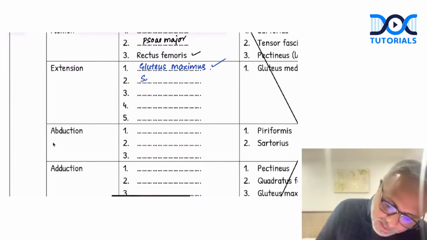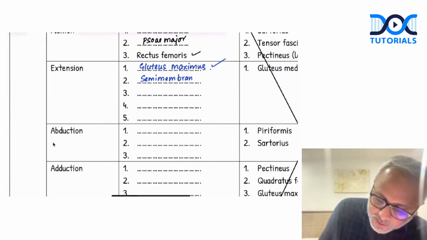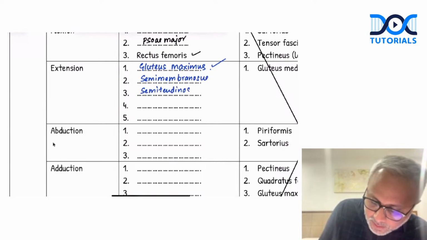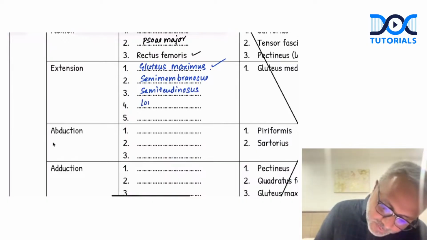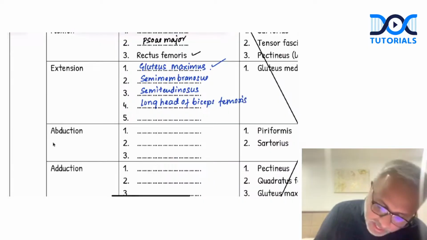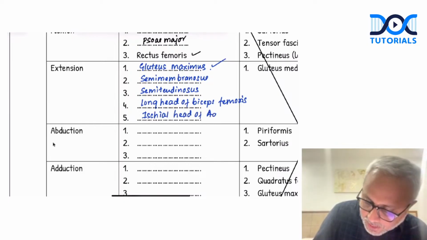For example, first semimembranosus, then the semitendinosus, and the long head of biceps, to be exact biceps femoris, and the ischial head of adductor magnus.